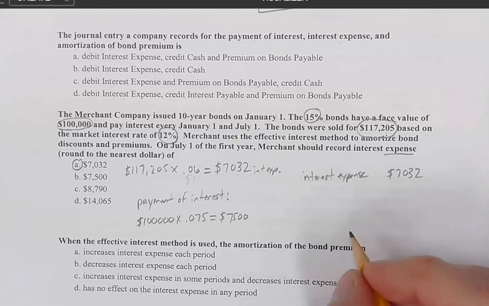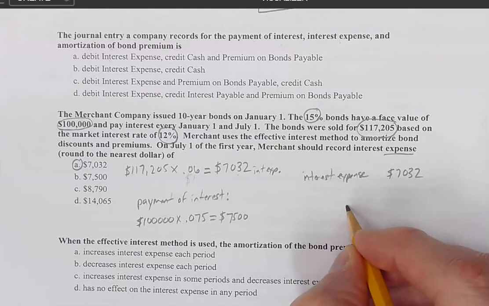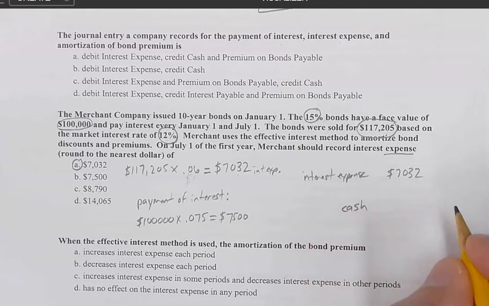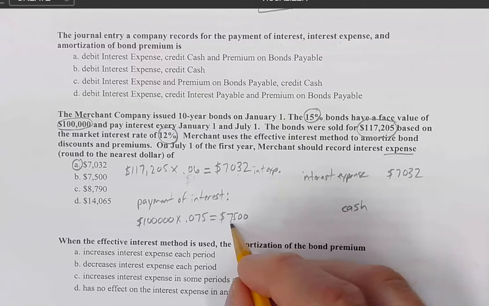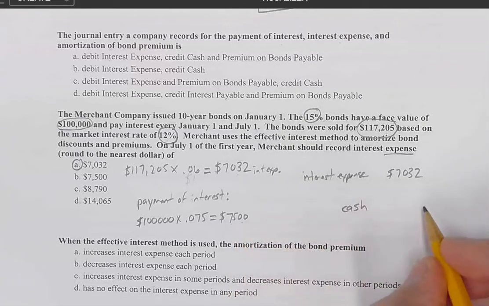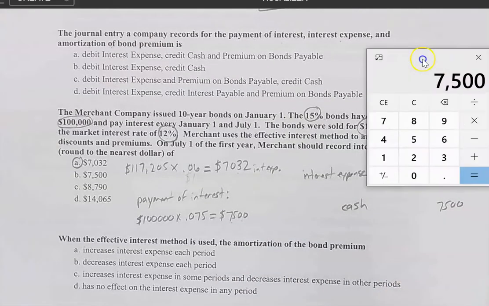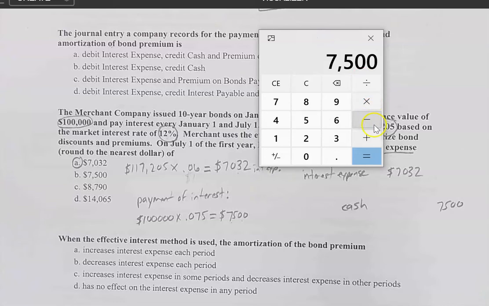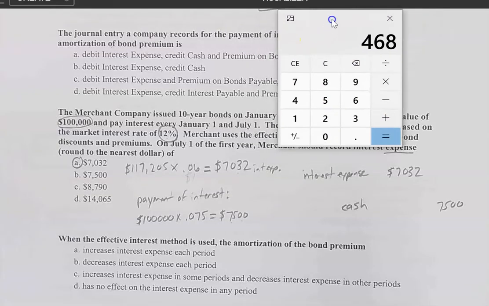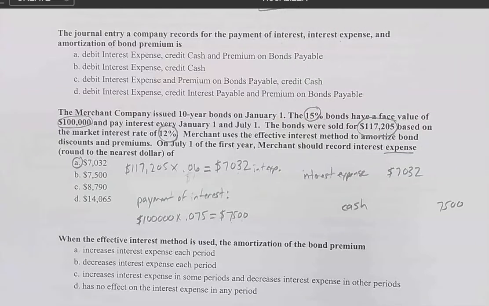I'm going to then jump down to my one credit, which is going to be cash paid, $7,500. Now I've already got my $7,500 on the calculator. I'm going to subtract the amount of interest expense to arrive at $468.